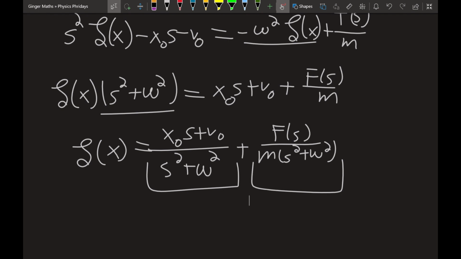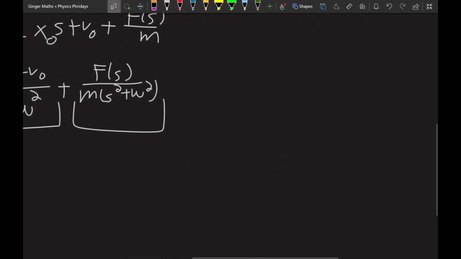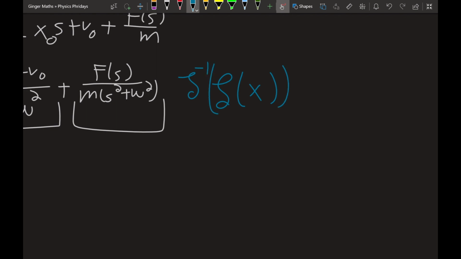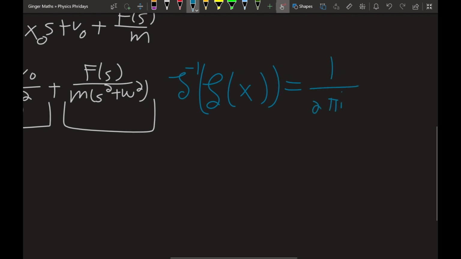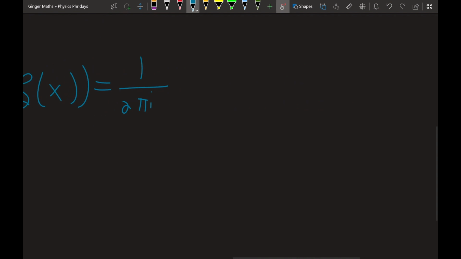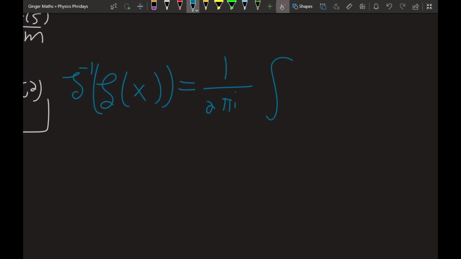So really just jumping into it, I'll write this on the side. We know that if we have the Laplace transform of, say, x, and we want to apply the inverse Laplace transform to it, this is just going to be 1 over 2 pi i times the integral over some contour, I'll explain what the contour is in a second, of e to the st times our Laplace transform.